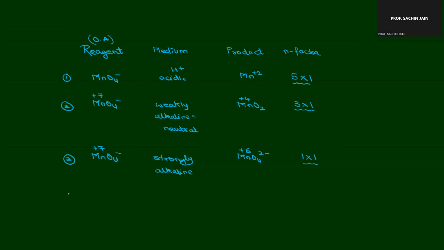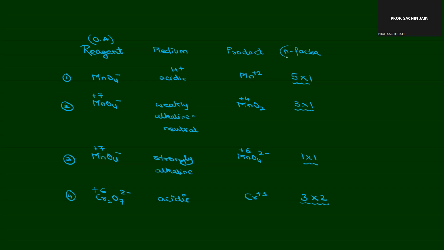Lastly, the other common oxidizing agent is dichromate, Cr2O7²⁻. The medium is only acidic, changing to Cr3+. So here the chromium of dichromate changes from 6 to 3, the change is 3 times the number of atoms 2. So the N factor is 6 and that is fixed. So there are 4 cases of permanganate or dichromate acting as oxidizing agent.